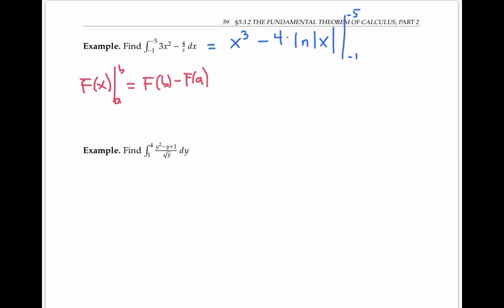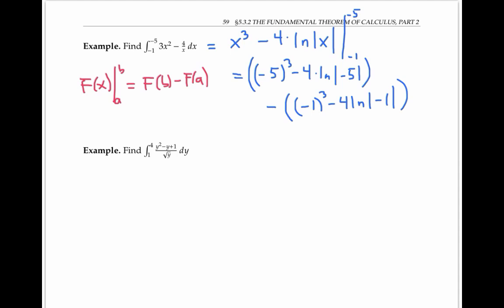So now we just plug in negative 5 for x, and then we subtract what we get when we plug in negative 1 for x. In this example, you can see why it's important to write the antiderivative of 1 over x as ln absolute value of x, not just ln of x, because ln of the absolute value of negative 5, which is ln of 5, actually has an answer, whereas ln of negative 5 would not exist.